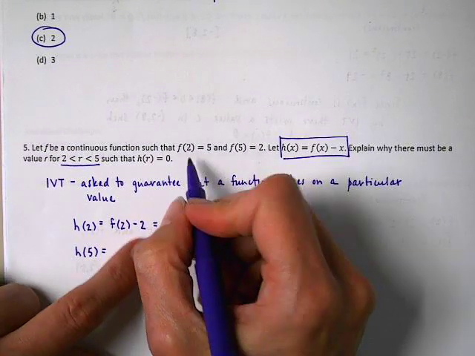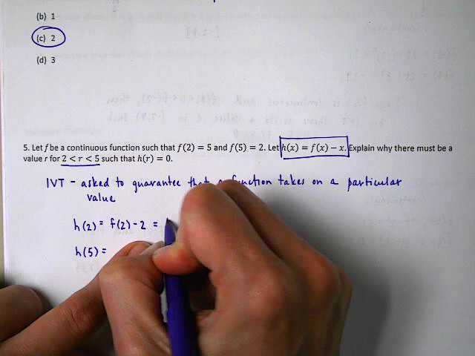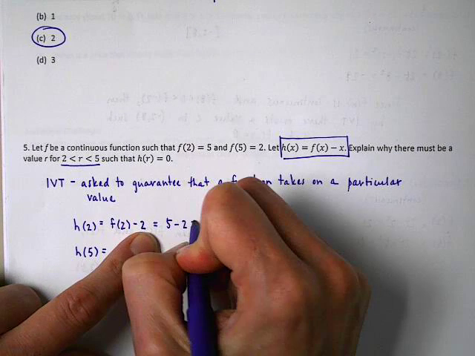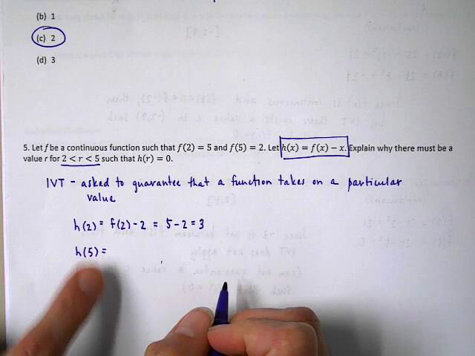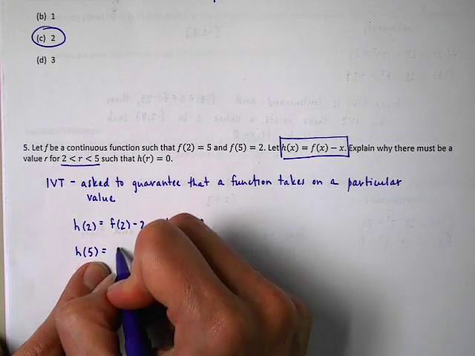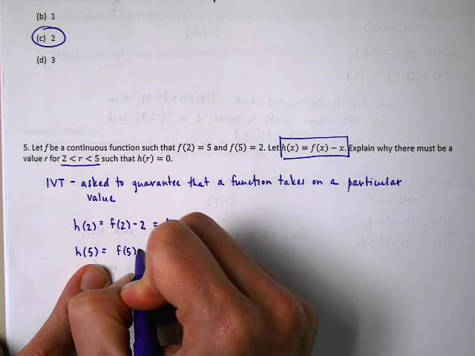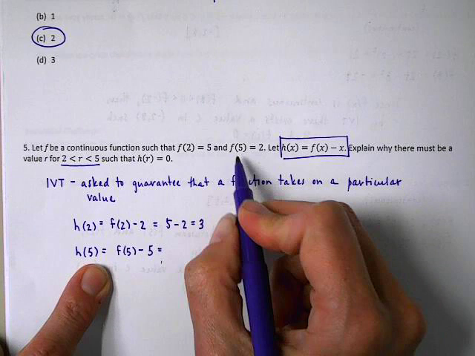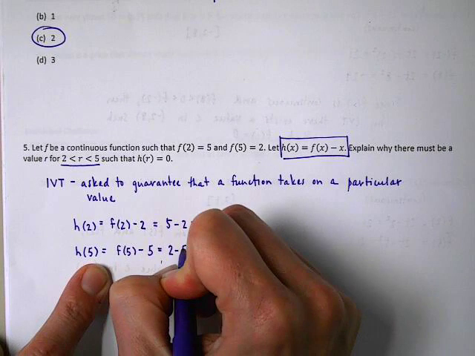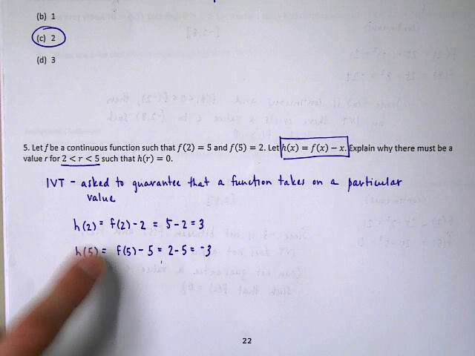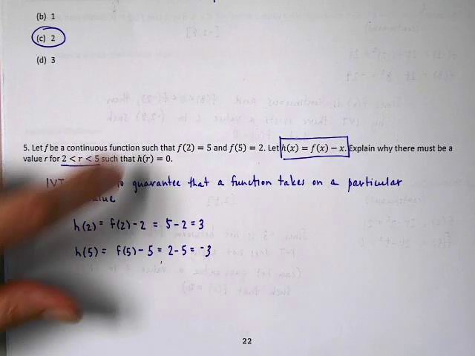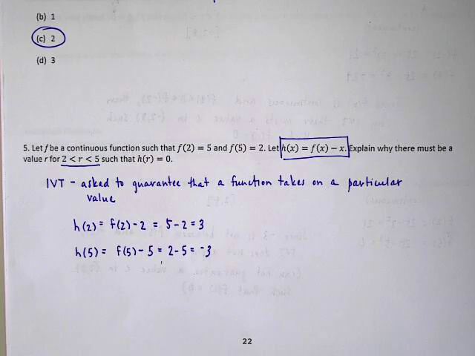Well, they give us the value for f of 2. That's 5 minus 2 gives us 3. h of 5 is going to be f of 5 minus 5. f of 5 is 2, minus 5 equals a negative 3. And so now I know that 0 is in between here, so we actually can guarantee that value.